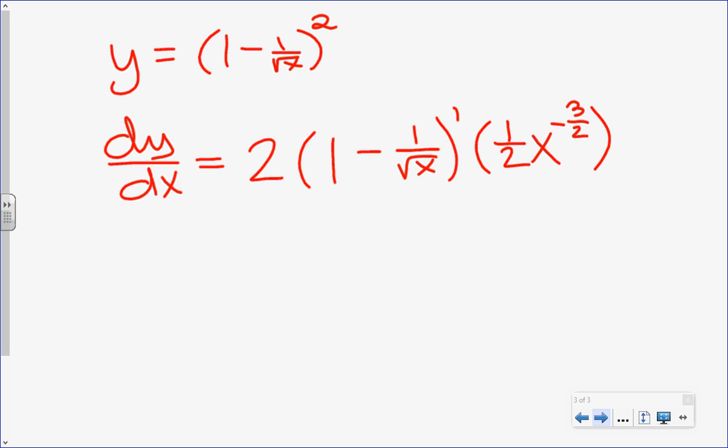Then if we were to make this look a little nicer, 2 times 1/2 is 1. So we have x to the negative 3/2 times 1 minus x over radical x. I'm not super concerned about you multiplying that out and rewriting things. I just need the basics.